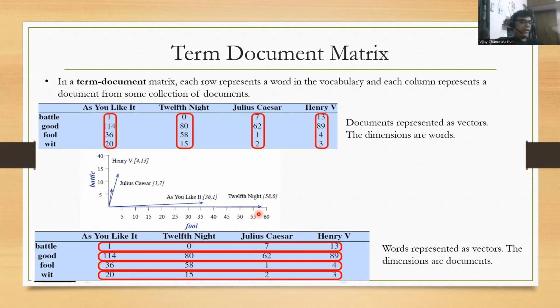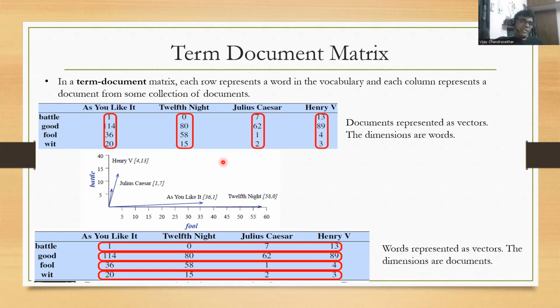Just because it occurs 20 times in one document and 100 times in the other document, does that mean these two documents are far apart? Either a yes or a no. Some answer, folks. No, correct. Because if I write a small book, fool will occur fewer times; if I write a big book, fool will occur more times, that's all.